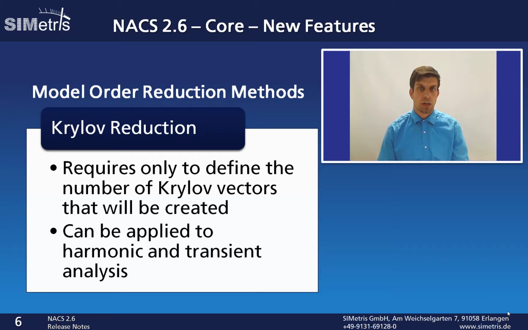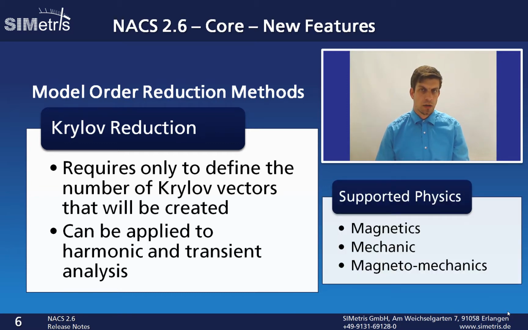This technique can also be used for transient as well as for harmonic simulations, but as I already mentioned, the only thing you have to specify is the number of Krylov vectors. We can apply that kind of model order reduction to either mechanical simulations, magnetic simulations, or magnetomechanical coupled simulations.